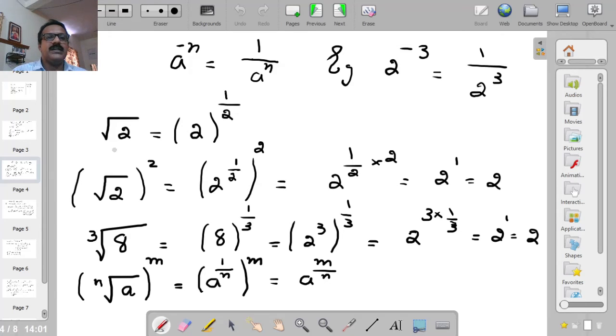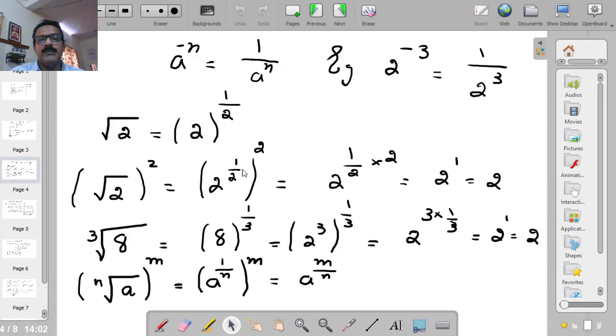This is the definition of having a negative in the exponent part. A raised to minus n is equal to 1 by a raised to n. So we know that square root of 2 is equal to 2 to the power 1 over 2. Square root of 2 the whole squared is equal to 2 to the power 1 over 2, the whole squared. This is a raised to m, the whole raised to n, where m is equal to 1 by 2 and n is equal to 2.